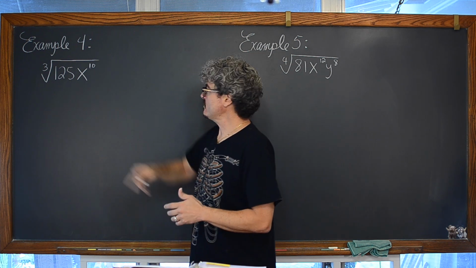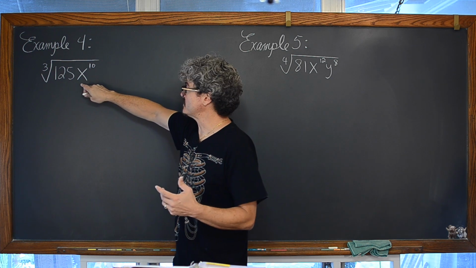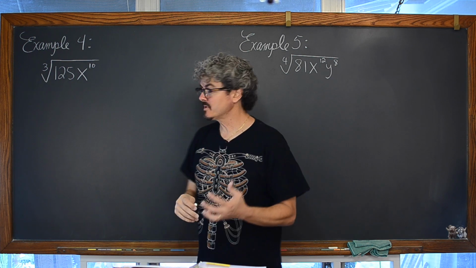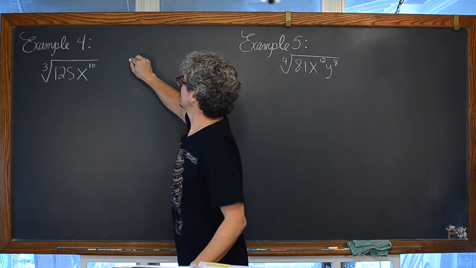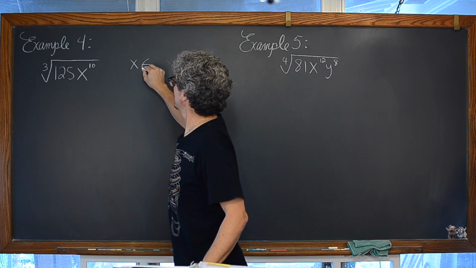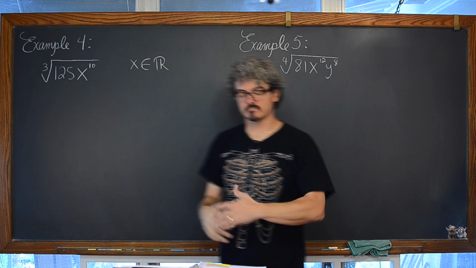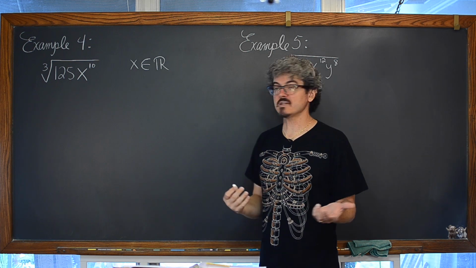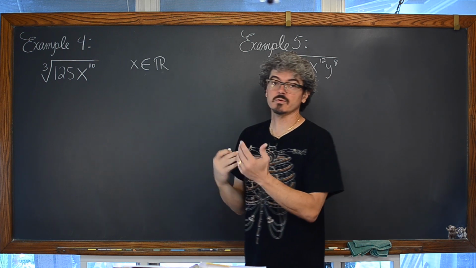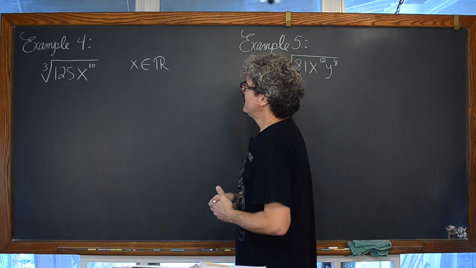And whether this is an even power or not on our variable x, we're taking an odd root, so this expression has the domain where x can be a member of negative infinity to positive infinity, or x is an element of all real numbers. It's not restricted to just being positive or 0.